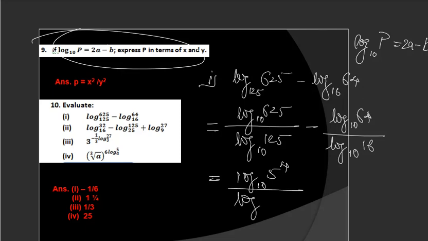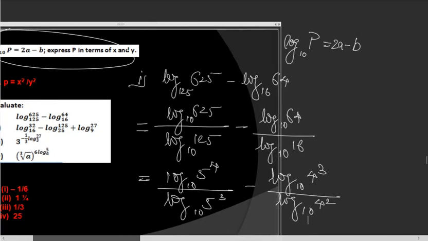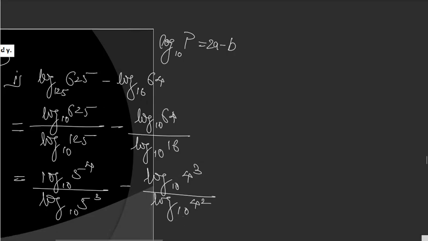Log of 5 raised to 4 to the base 10 upon log of 5 raised to 3, which is 125, to the base 10, minus log of 4 cube to the base 10 upon log of 4 square to the base 10. 64 I have written as 4 cube and 16 I have written as 4 square. Let's solve this further.